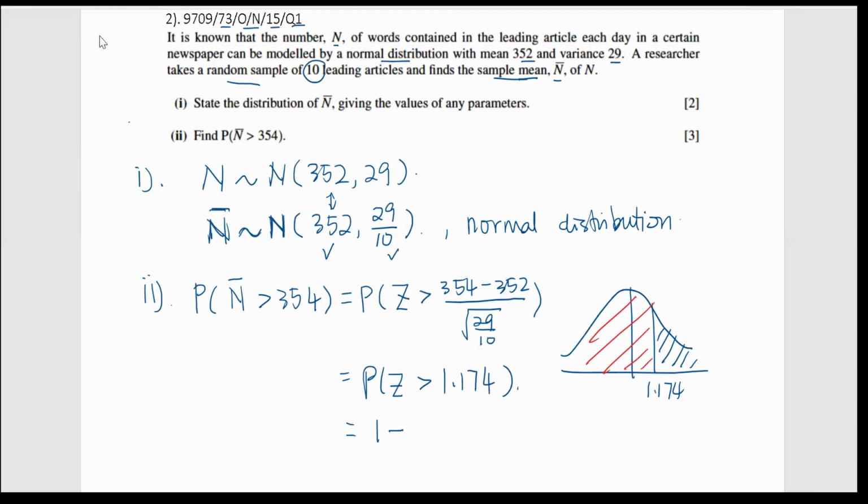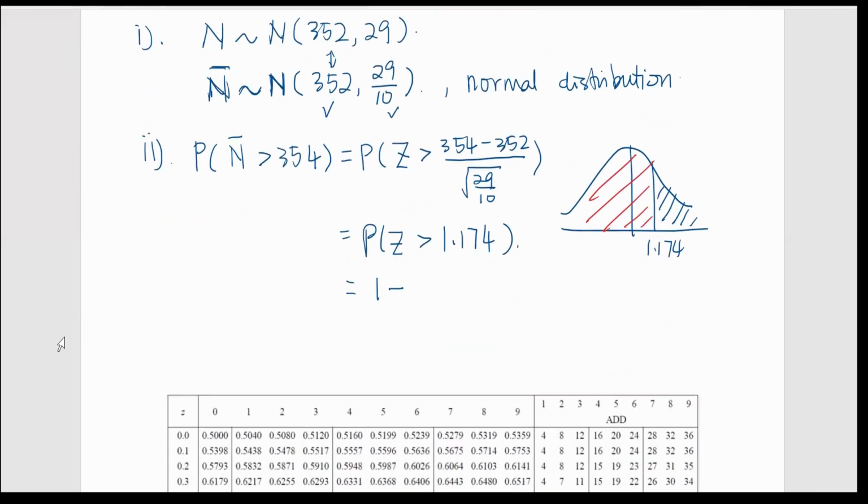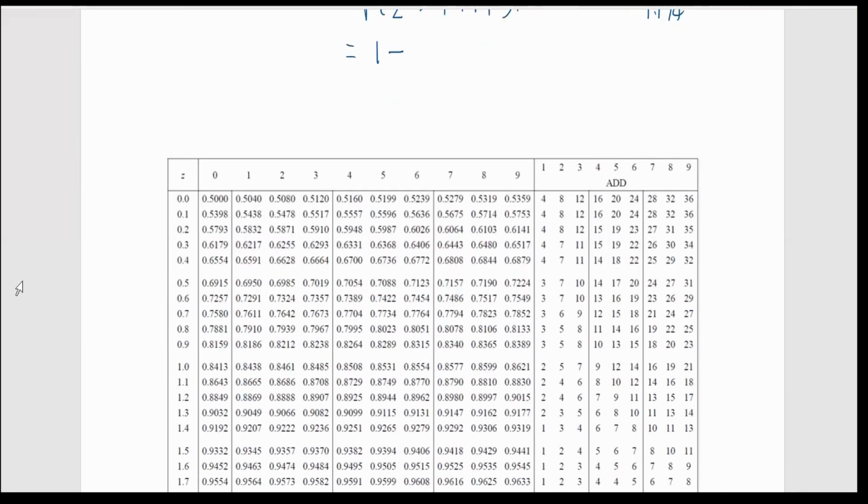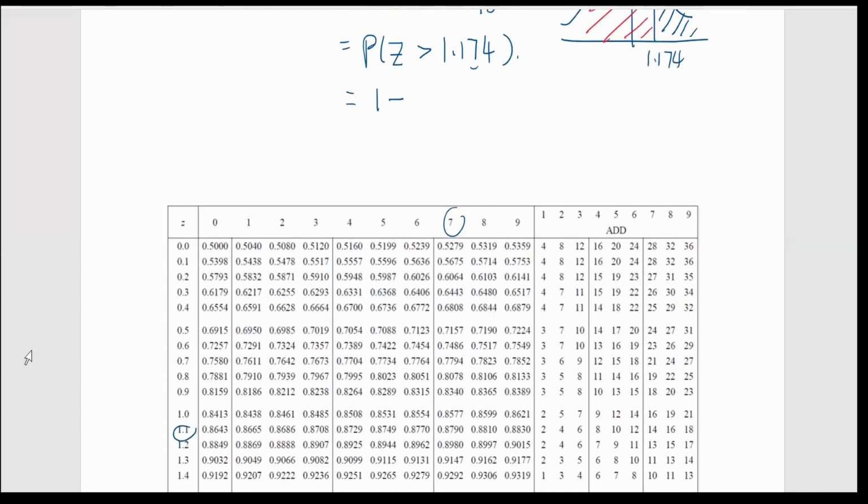So now we look at the extraction from the table, then read the z-score 1.1, 7, and 4. Okay, 1.1, 7, and 4. Right, this one.